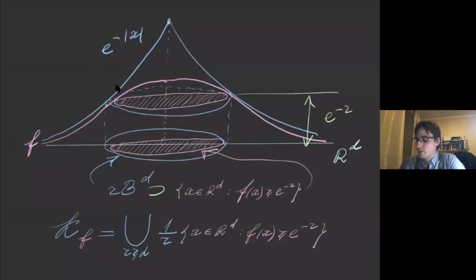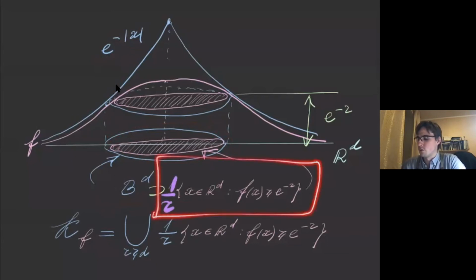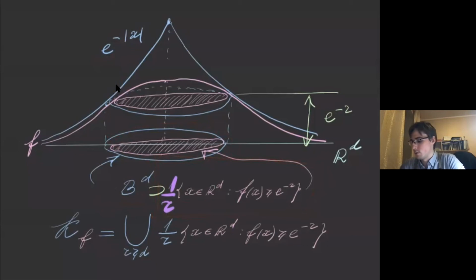And they have the level sets of the function f contained within them. Okay, so here, dividing this inclusion by R and taking the union of such sets with positive R at most d, I can construct a body K_f of the following form.